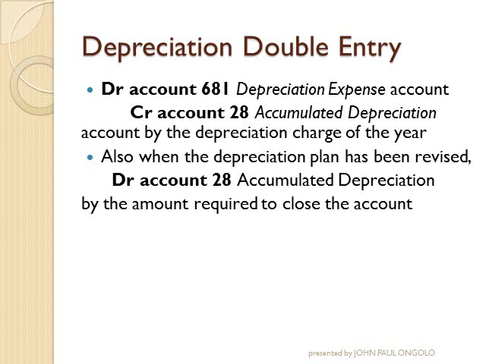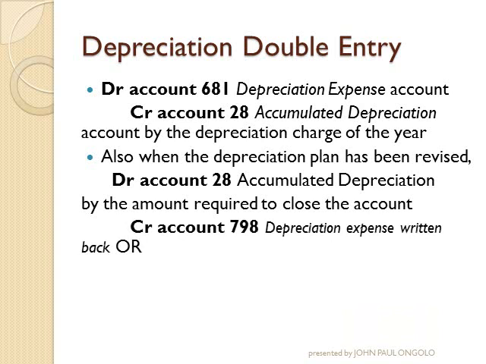The revision of the depreciation plan may occur because the useful life of the asset has been revised, and hence the previous predetermined depreciation plan is outdated in that case. So the first thing to do is to close the accumulated depreciation account, because the accumulated depreciation that has been recorded up till this date is outdated.